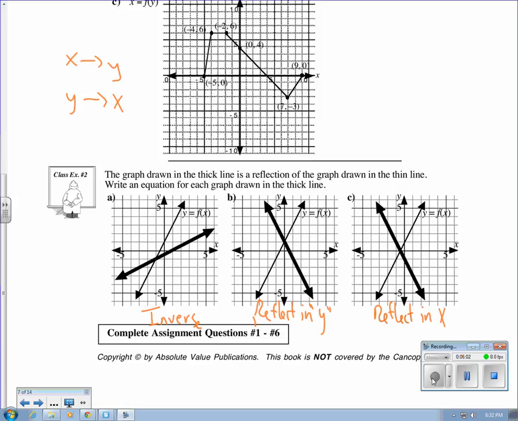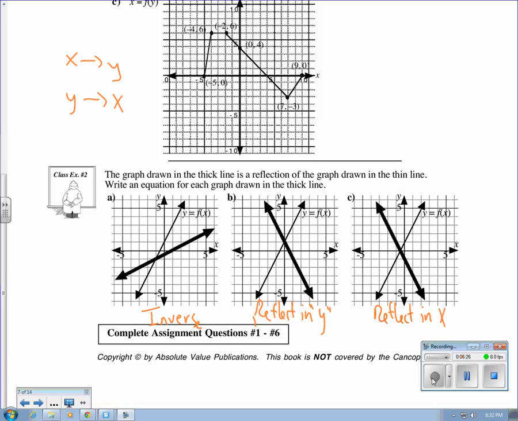So the points just flip over the y-axis. And in C, it's the reflection in the x-axis. If the mirror was on the x-axis, we would get that reflection down from quadrant 1 to quadrant 4, and from quadrant 3 up to quadrant 2, the graph orients itself in the reverse order.